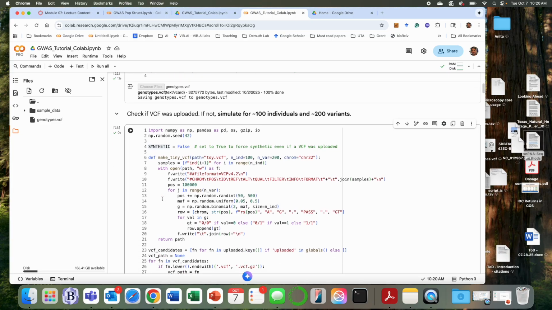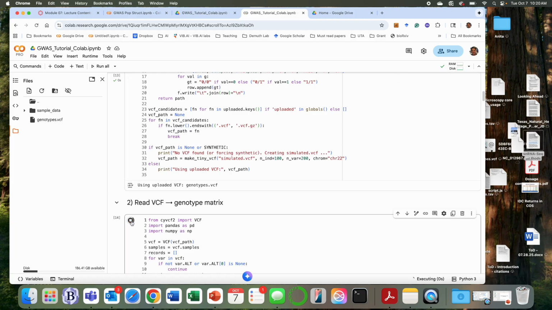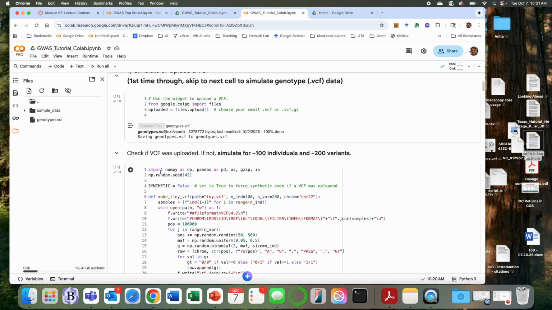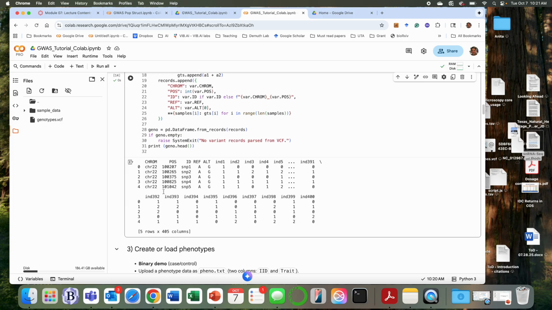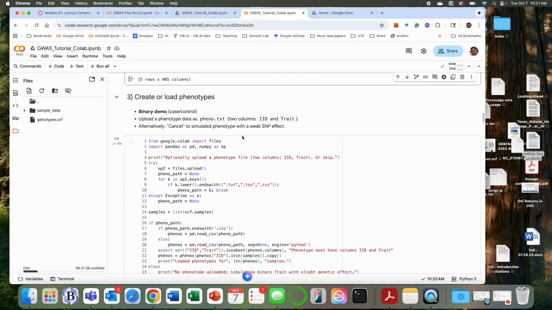If not, it would simulate it, but it was, so it doesn't simulate, but it still specifies the path so that this cell knows where to go get that data. And you can tell it didn't simulate it because remember, first time we ran that cell, it checked there was no VCF there, so it generated that simulated.vcf. This time it just left our data alone, but it's generated now the genotype matrix.